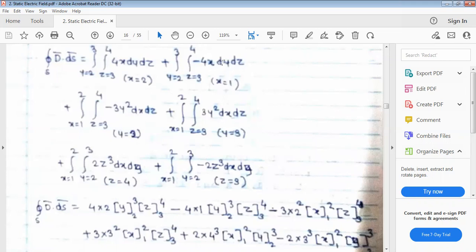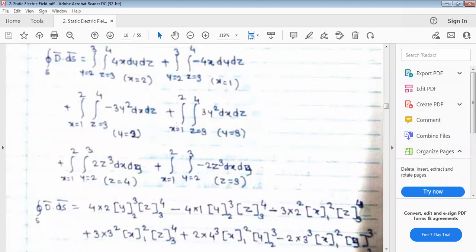So 4 into 1, then integration of dy, y varying from 2 to 3, and z from 3 to 4. Okay, then minus 3y². y is equal to 2 here. So minus 3 into 2² into x varying from 1 to 2, and into z varying from 3 to 4.